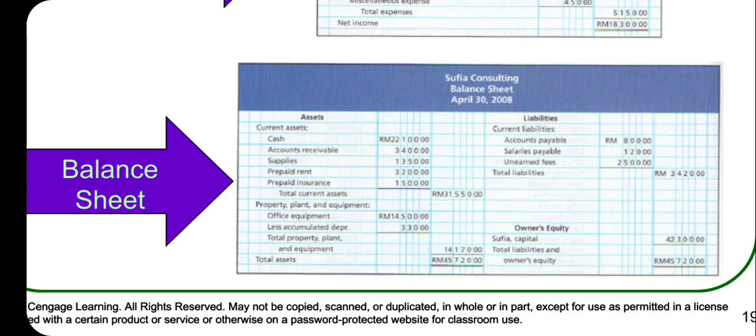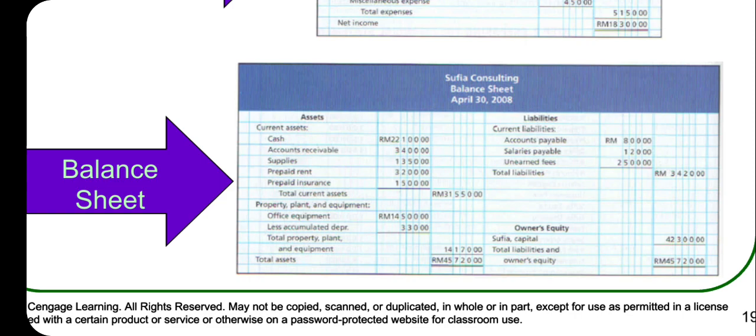On the right side of the balance sheet, you have to list the liabilities and owner's equity. For the liabilities, you have to list the current liabilities first, and then the long-term liabilities. In this example, the business does not have long-term liabilities. The business only has current liabilities. And then you have to show the owner's equity.